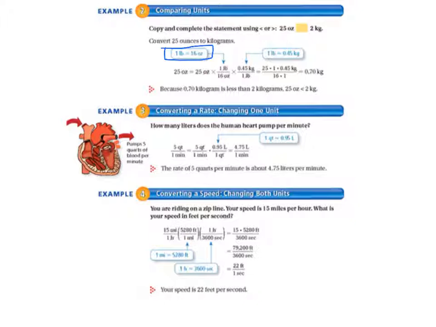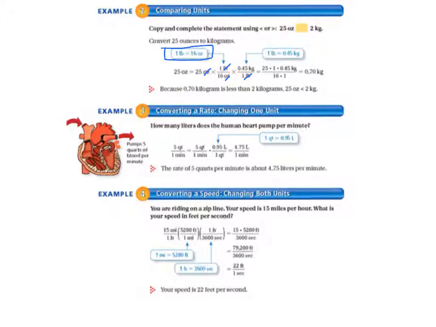So 25 ounces is, we're going to set that up with the ounces diagonal to the ounces on the bottom of the fraction, so that those cancel out, and that's our first step. So we cancel those out, and then we can multiply. They've sort of mushed the steps together here. So we have that canceling out, but then in the next step, you're also canceling out your pound abbreviations.